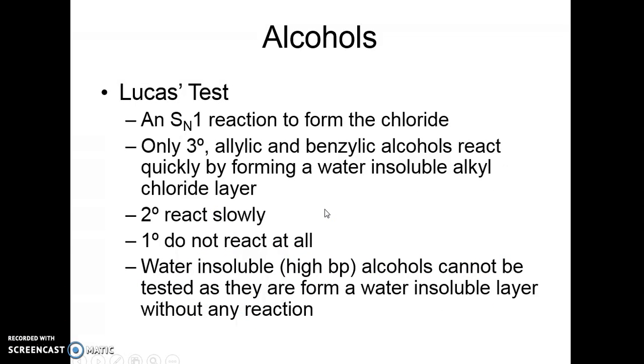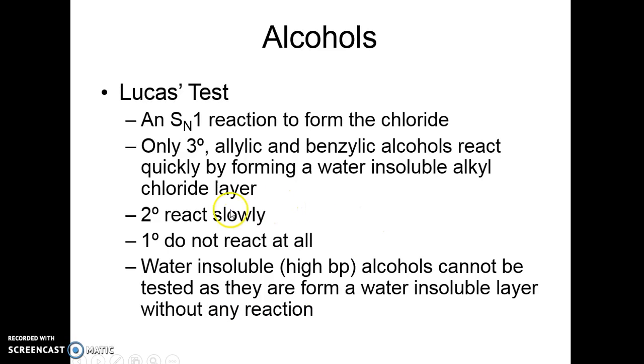Another alcohol test that you can run is the Lucas test, which is a reaction that we did when trying to figure out if it was SN1 or SN2. This is an SN1 reaction, so only tertiary, allylic, and benzylic react quickly, meaning almost instantaneously. And what you see is the alkyl halide is insoluble in the aqueous solution, so it separates and you see a cloud.